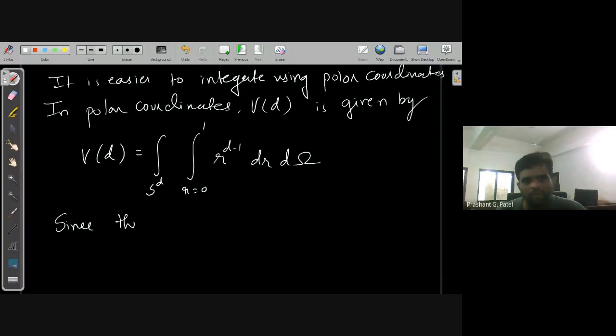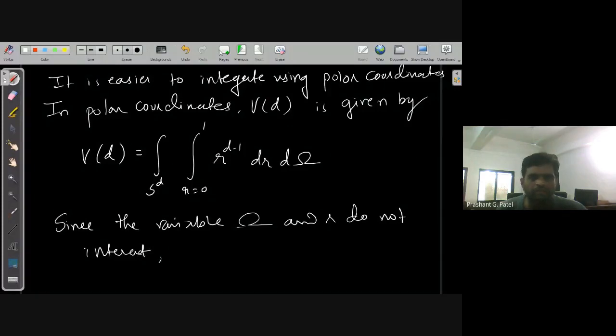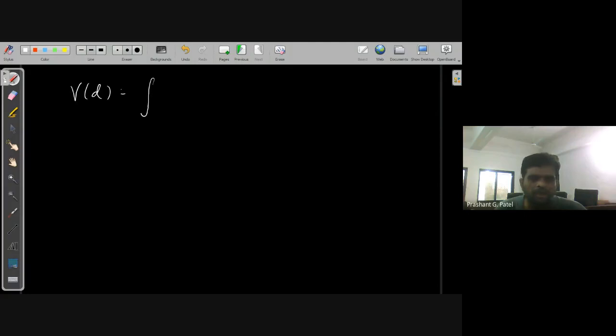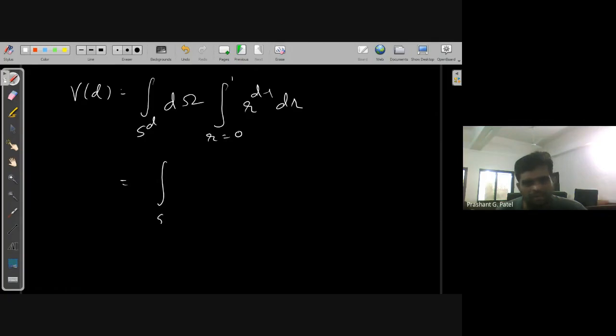Since omega and r do not interact, this Vd can be written as the integral over Sd of d omega times the integral of r from 0 to 1 of r raised to d minus 1 dr. If you integrate this term, you get r to the power d upon d with limits from 0 to 1.